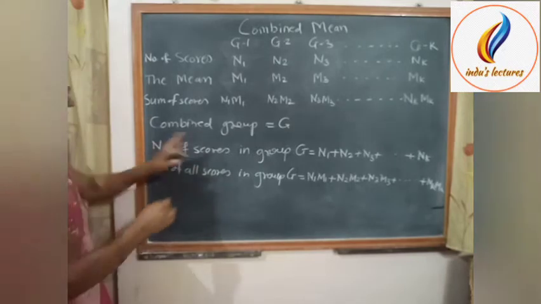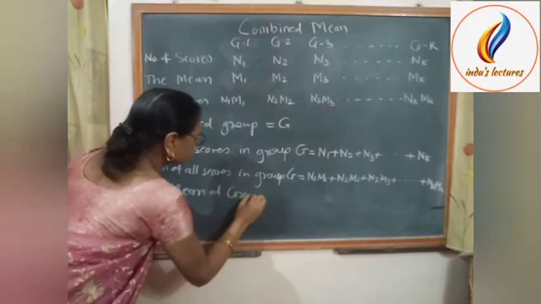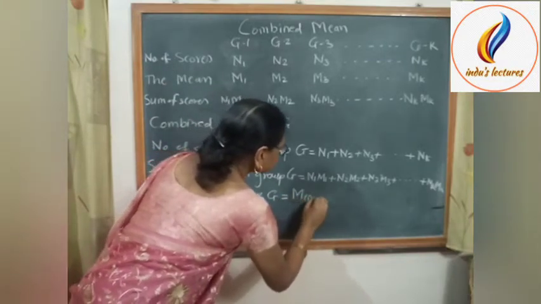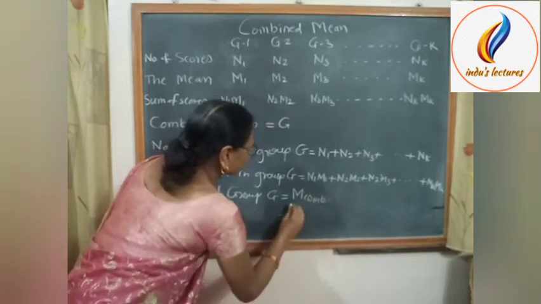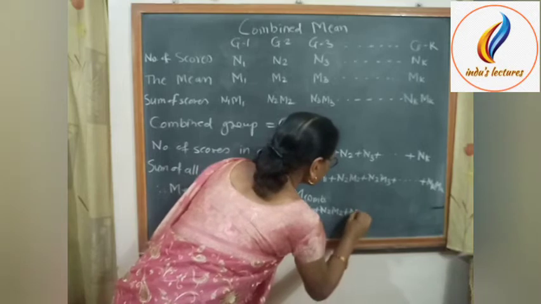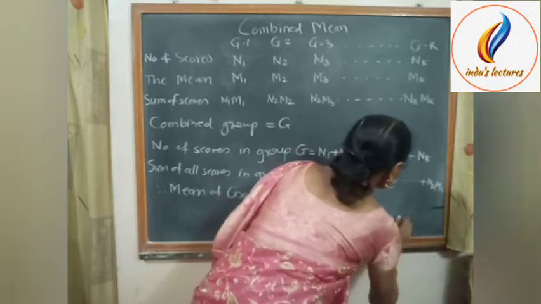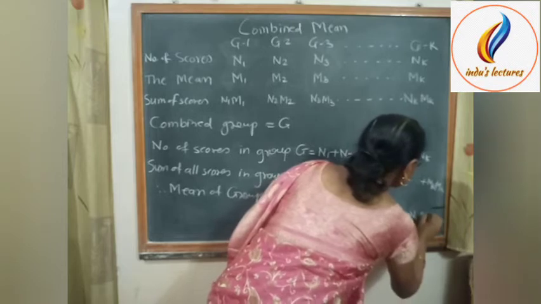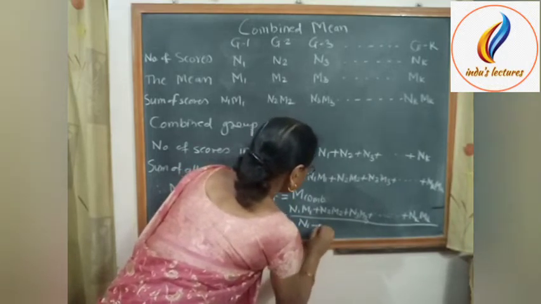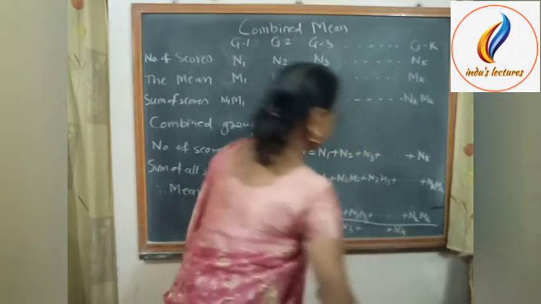Therefore, the mean of group G, which is denoted by mean combined, is equal to N1 M1 plus N2 M2 plus N3 M3 plus up to Nk Mk, whole divided by N1 plus N2 plus N3 plus up to Nk.